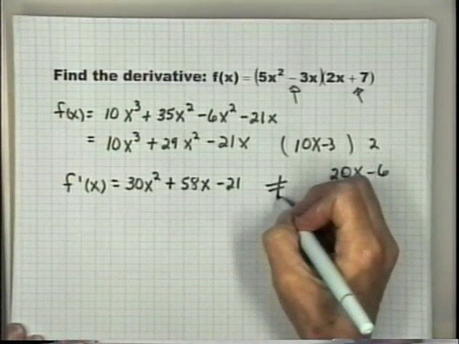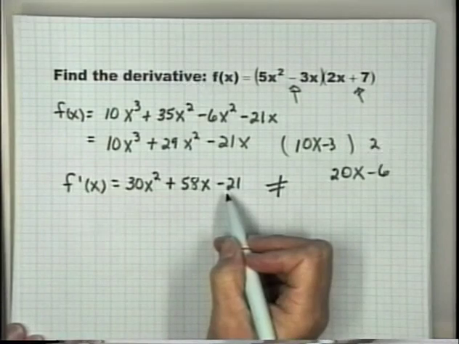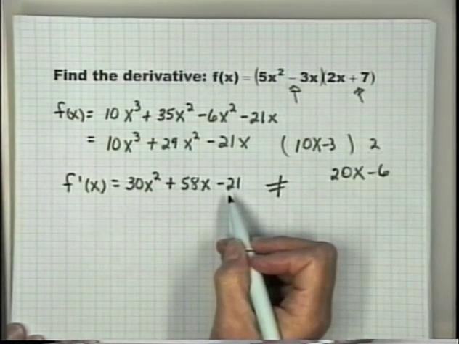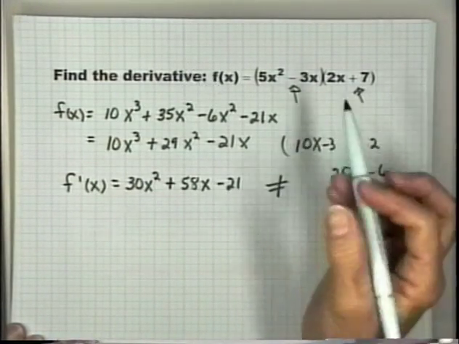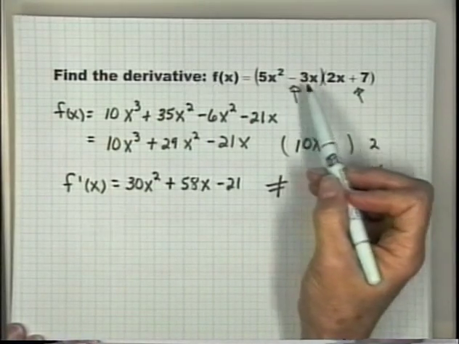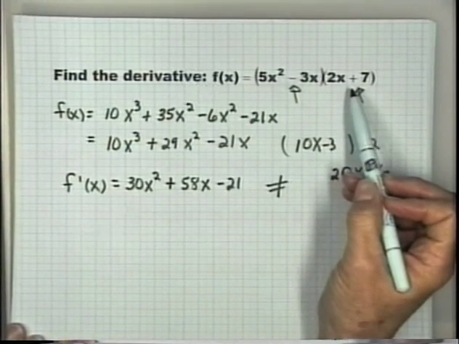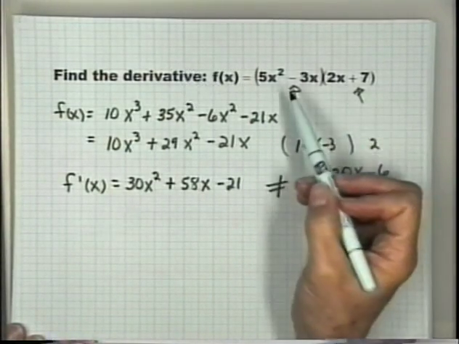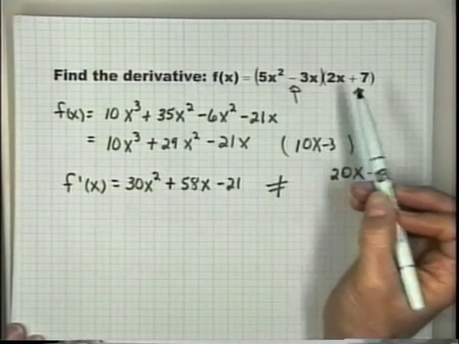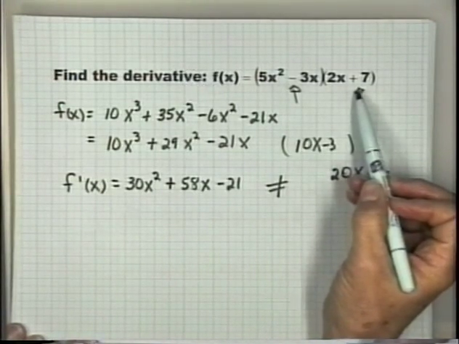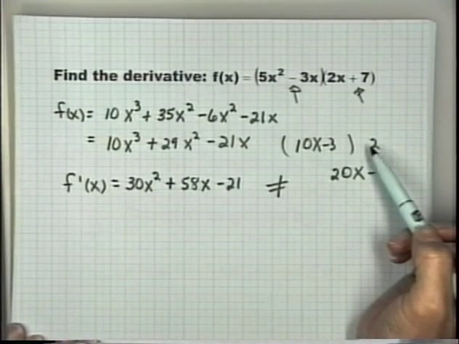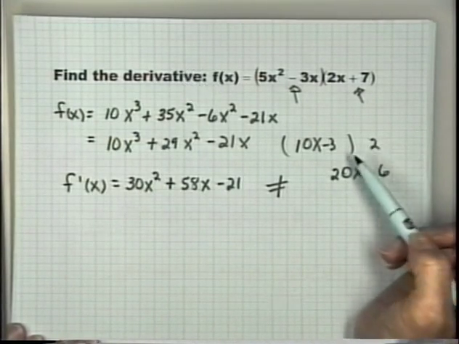That is not the derivative of this function, is it? What I'm showing you is that if you have a product of two functions, you cannot take the derivative of the first one, take the derivative of the second one, and multiply those derivatives. It's just not that simple.